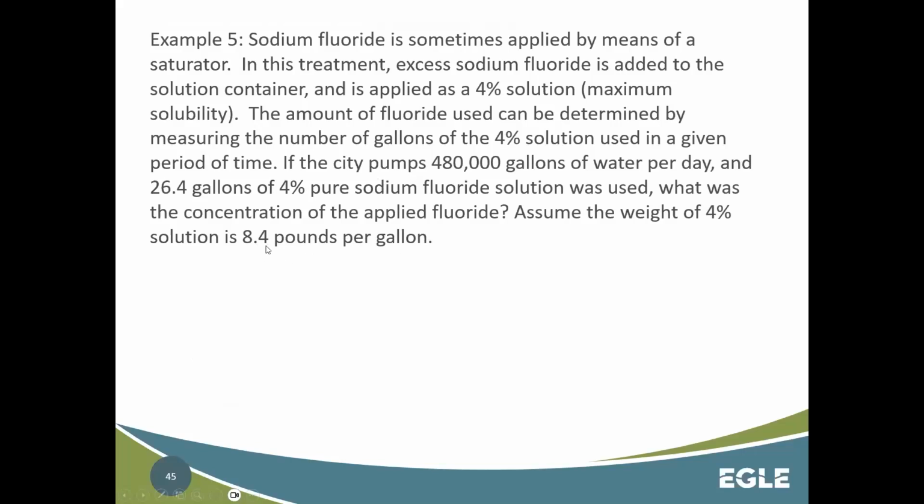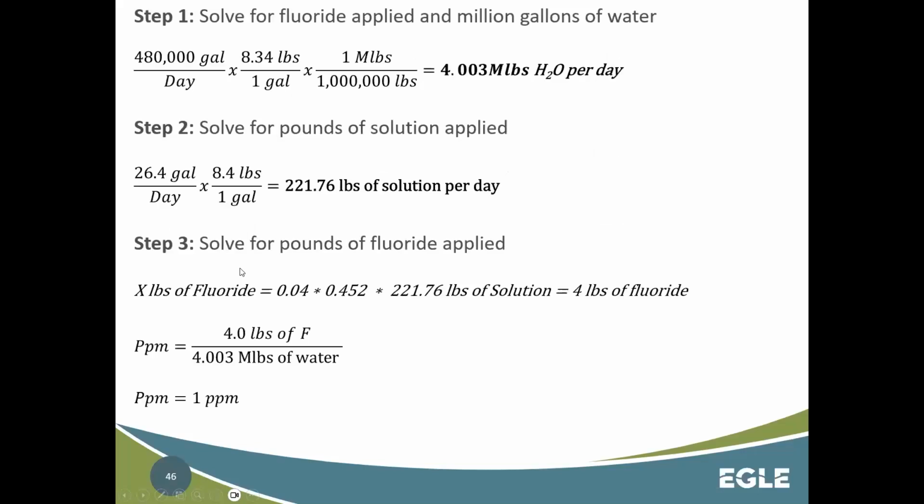So we're not using the 8.34, we're using 8.4, because this is specific for the chemical solution, not for just water. So the 8.34 is just to be applied to water, converting from gallons to pounds. So we multiply the 26.4 by 8.4 to get 221.76 pounds of solution per day.